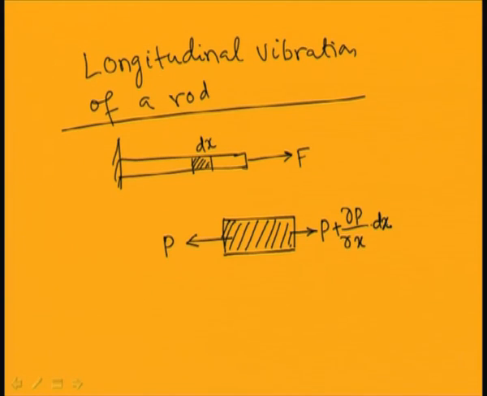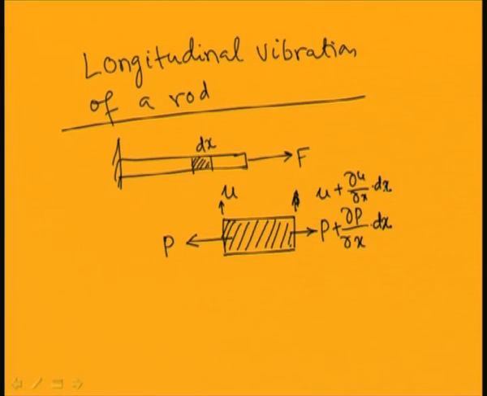Also, assuming the displacement to be u on this side, the longitudinal displacement on the other side I can write equal to u plus del u by del x into dx.